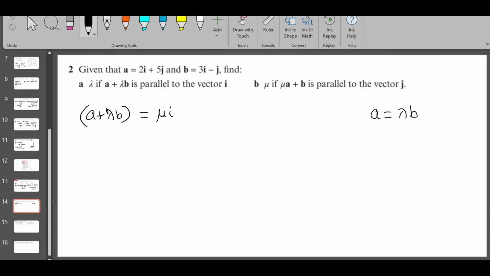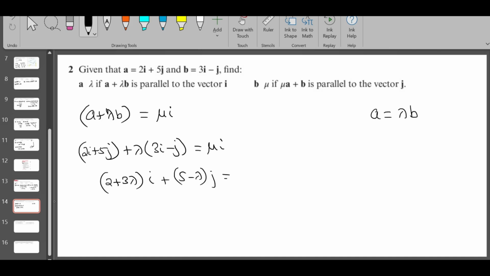a plus lambda b, write a: 2i plus 5j plus lambda times 3i minus j is equal to mu i. Simplify the i term, so you'll get 2 plus 3 lambda i, 5 minus lambda j is equal to mu i.